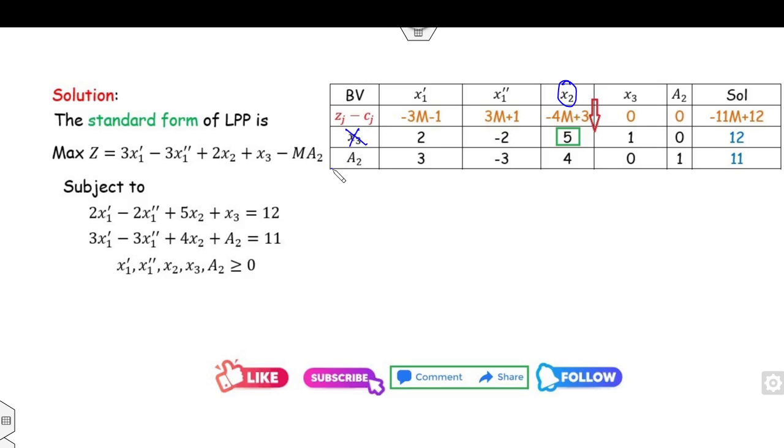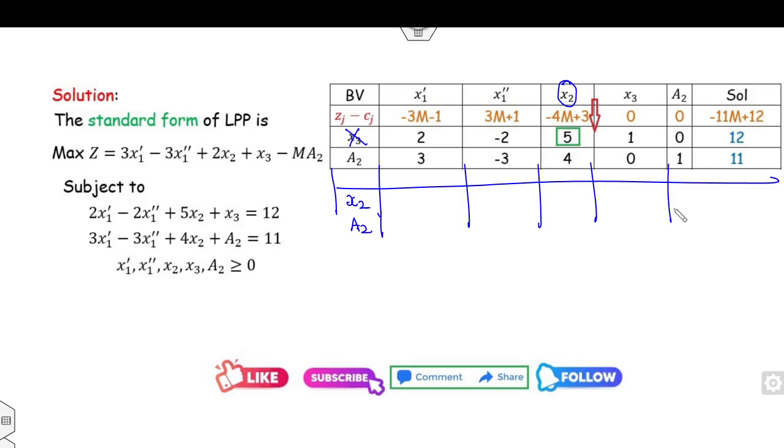I can write x2 here and this is a2. Now because these are the identity elements, x2 is the first column, a2 second column. The value corresponding to them is 0. Divide this row by 5. So 2 over 5, minus 2 over 5, 1 over 5, 12 divided by 5.